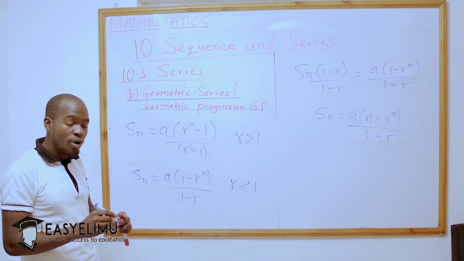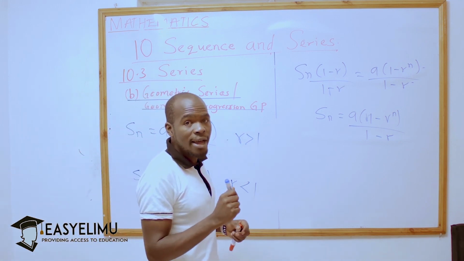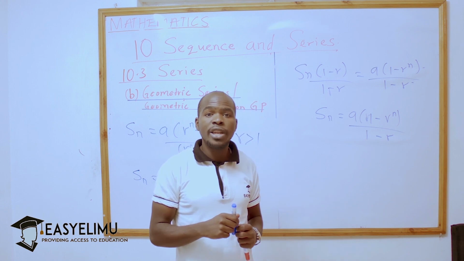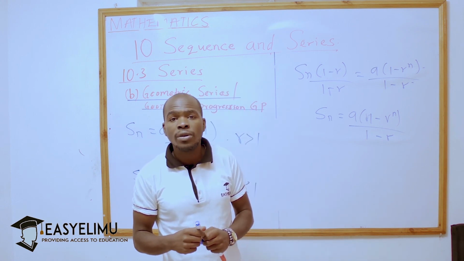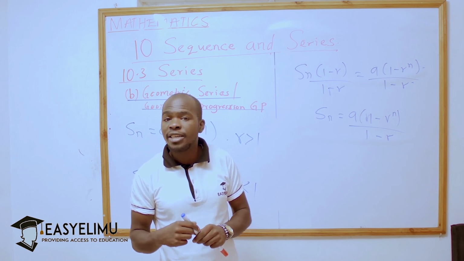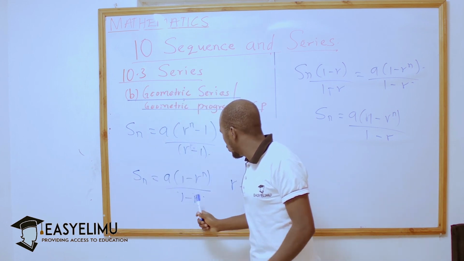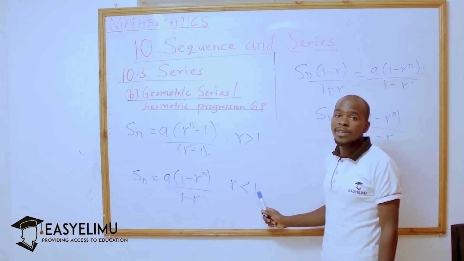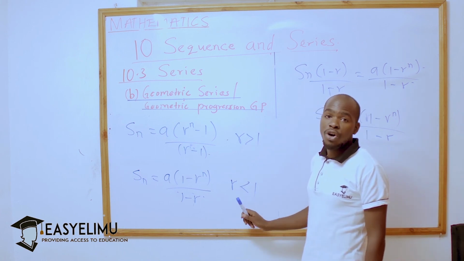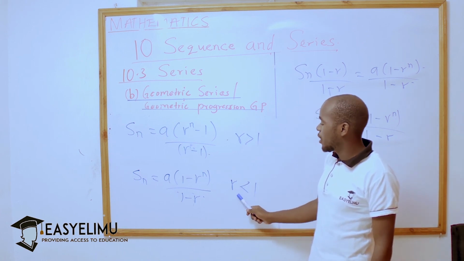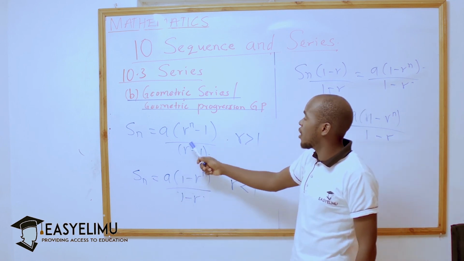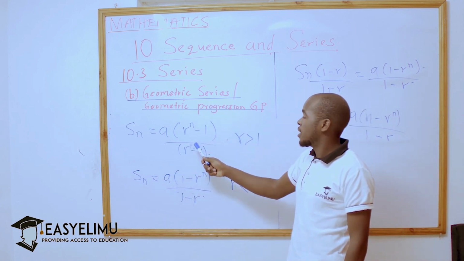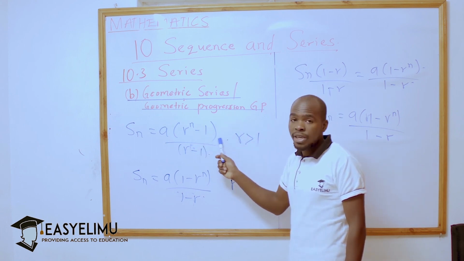So if you find your common ratio is less than 1, meaning it may be a fraction or a decimal or be negative, you shall be using this formula. But if it is greater than 1, from 1 onwards, then you will be using the other formula.